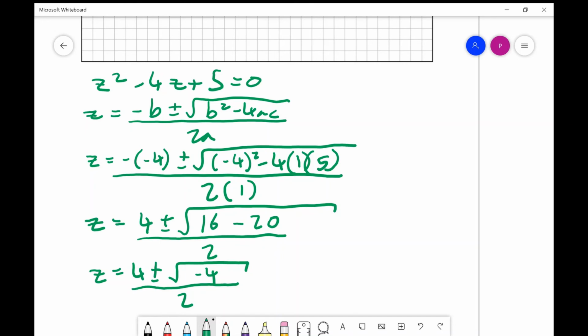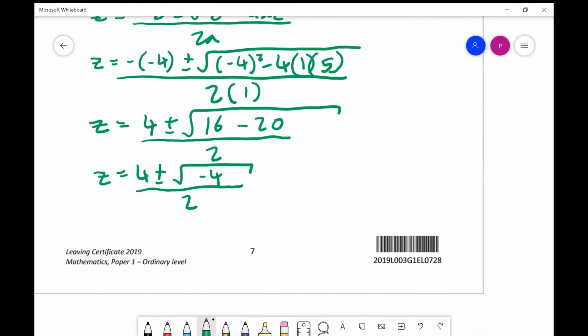If I continue to work down, I am running out of space, but I'll work over to the side in a second. So z is equal to 4 plus or minus. Now, remember what we do whenever we've got the square root of a negative number for complex numbers. We take out the minus 1. So I can break that down to the square root of 4 multiplied by the square root of minus 1.